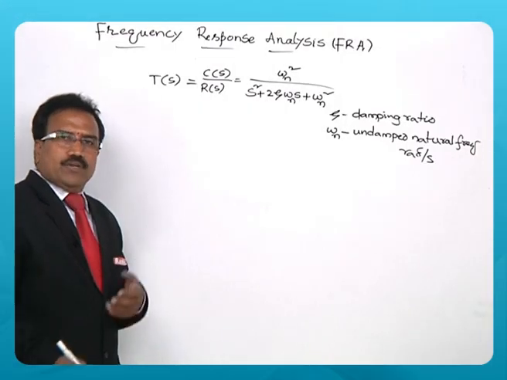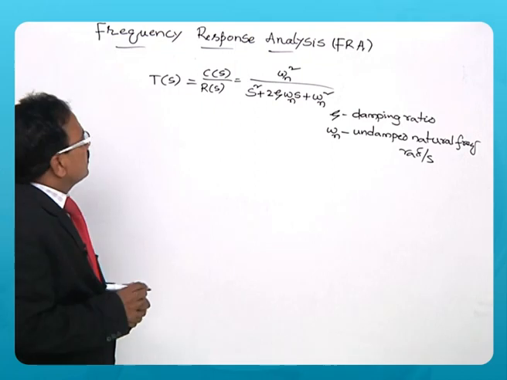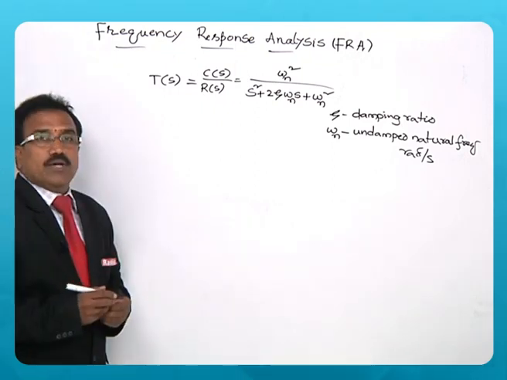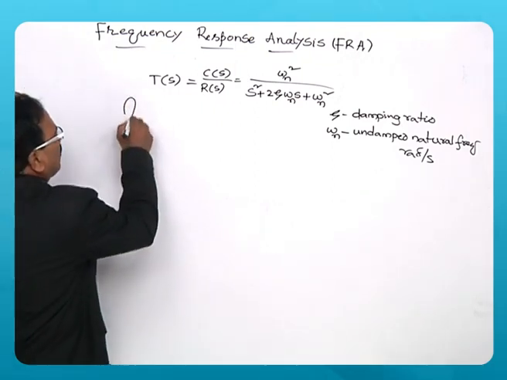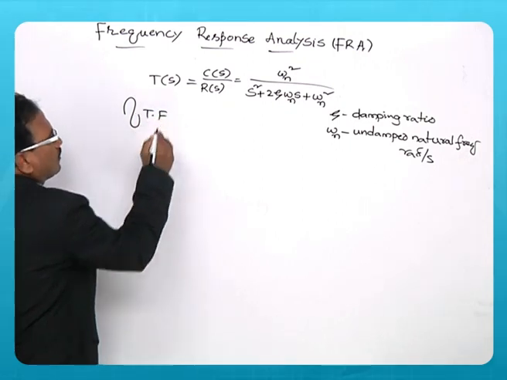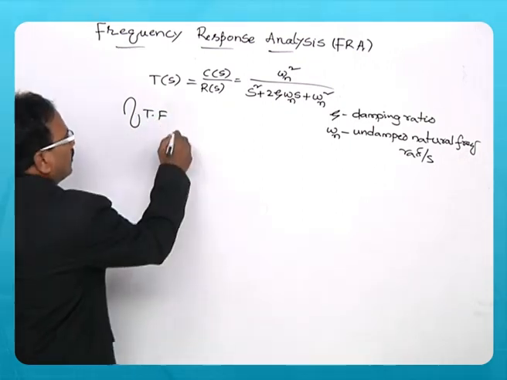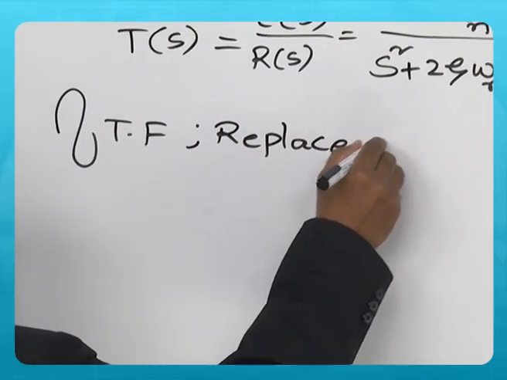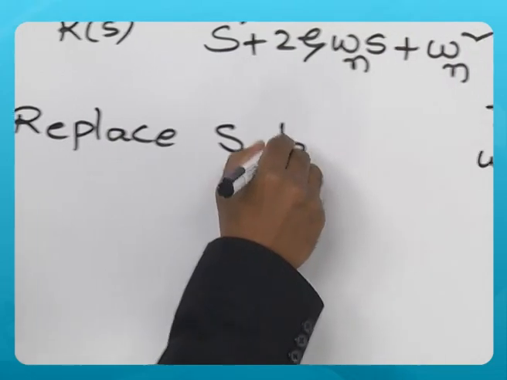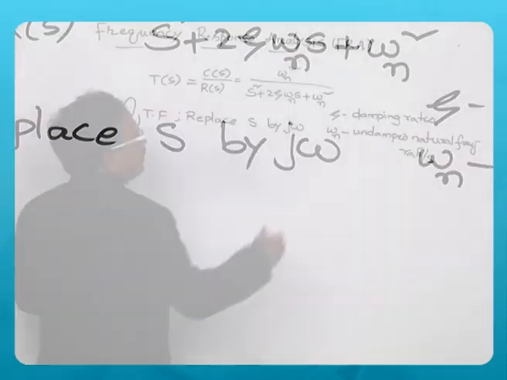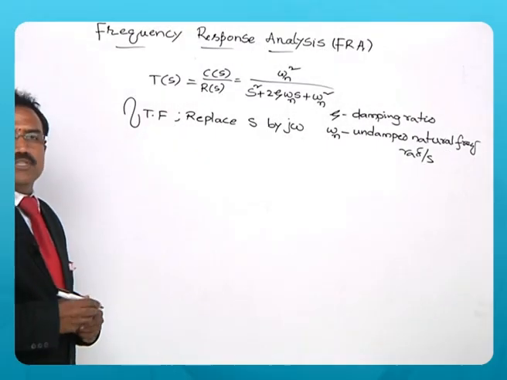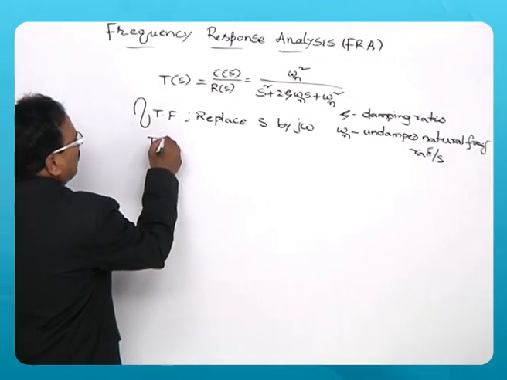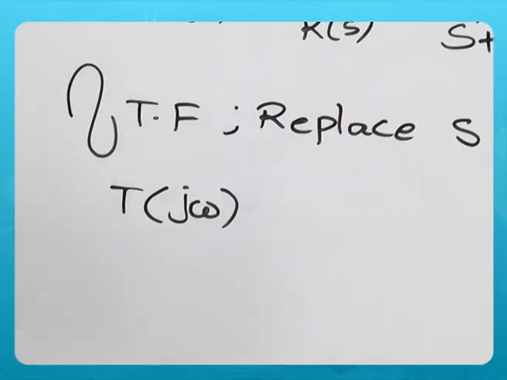Now, for frequency response analysis purpose, I need to have a sinusoidal transfer function. This is nothing but replacing s by j omega in the transfer function, then you get the sinusoidal transfer function.